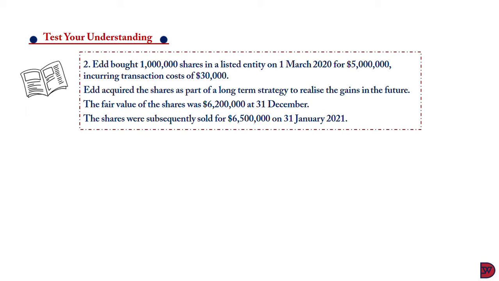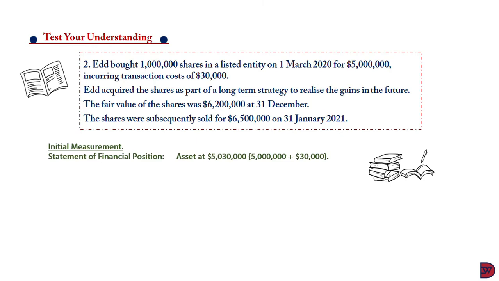The shares were subsequently sold for $6.5 million on 31st December 2021. Since the asset is intended to be held onto, it is initially classified as fair value through other comprehensive income. Therefore, the investment will be recognized in the statement of financial position as an asset at $5,030,000. That is the share value inclusive of the transaction cost.